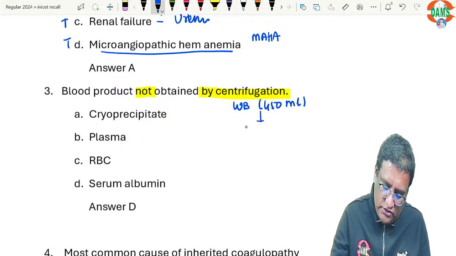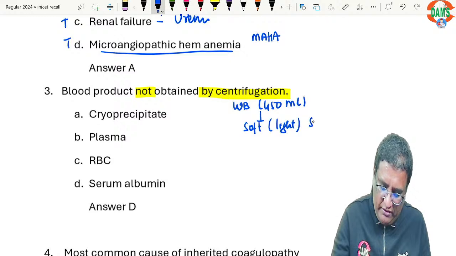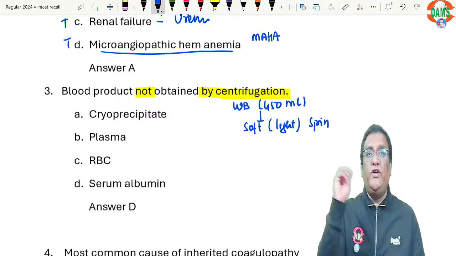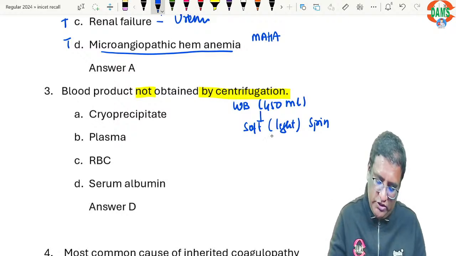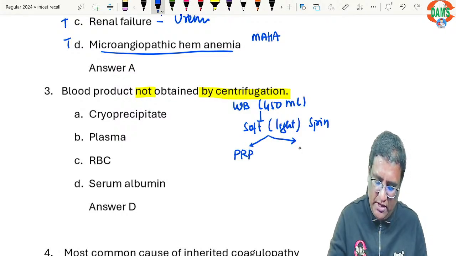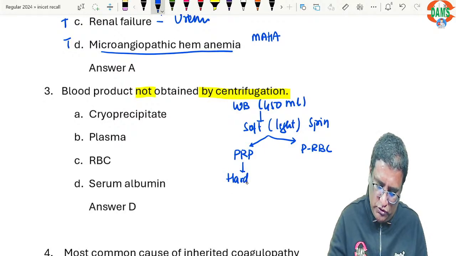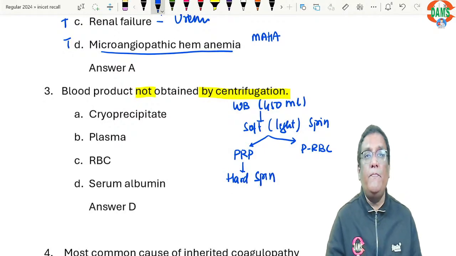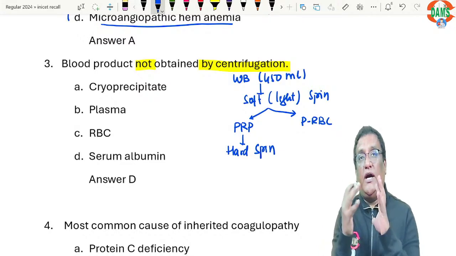Then we do a soft spin, or a light spin, whatever word we use. We centrifuge at low speed, and we get platelet rich plasma, PRP, and packed RBC. Now we take this PRP and do a hard spin with high RPM.